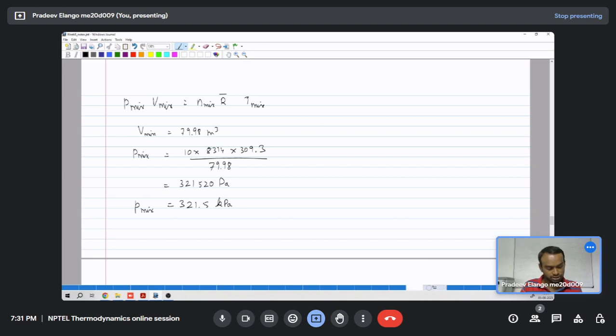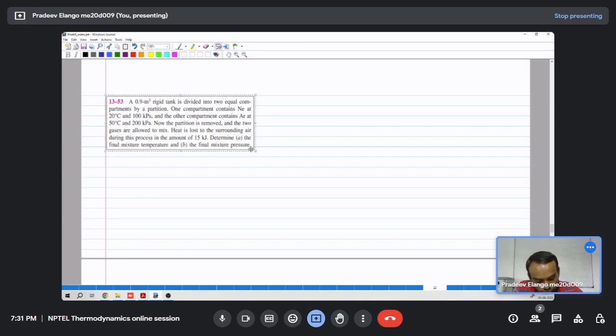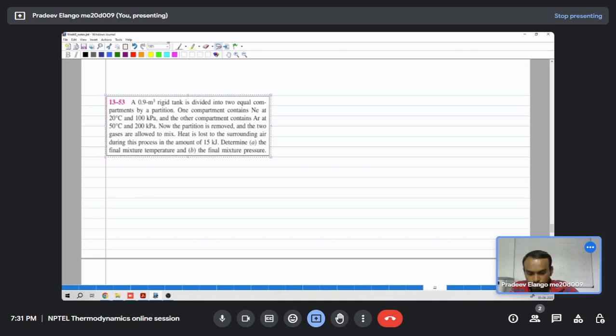This problem is clear. The next problem: a 0.9 meter cube rigid tank is divided into two equal compartments by a partition. So that means each compartment will have a volume of 0.45 meter cube.